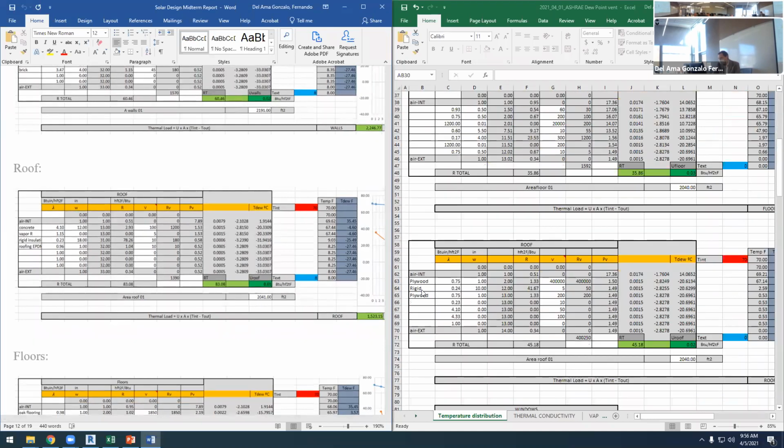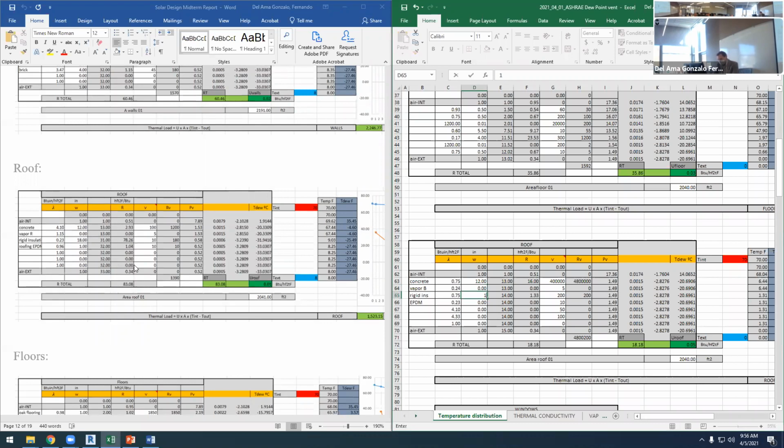If we analyze this roof, we have concrete, then vapor barrier, then rigid insulation, and EPDM. The width, it's 12, 0 because so far we don't have it.